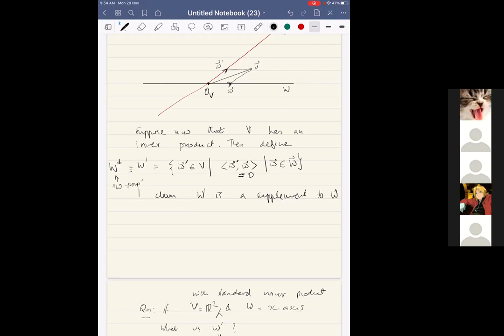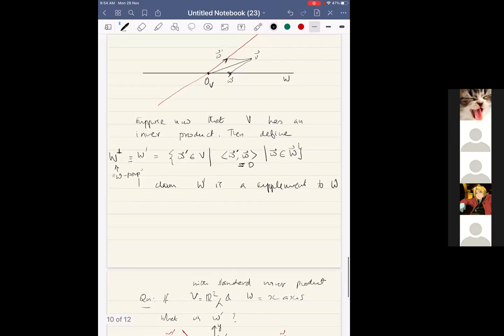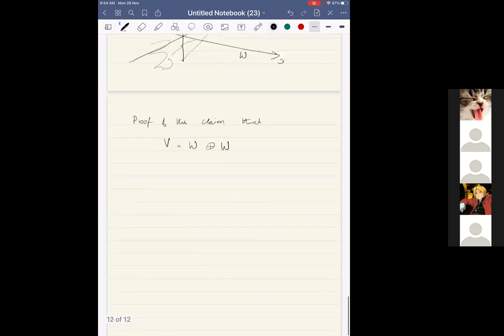Perp is short for perpendicular, the perpendicular to W. Okay, so this is the notation. So here is a proof of the claim.